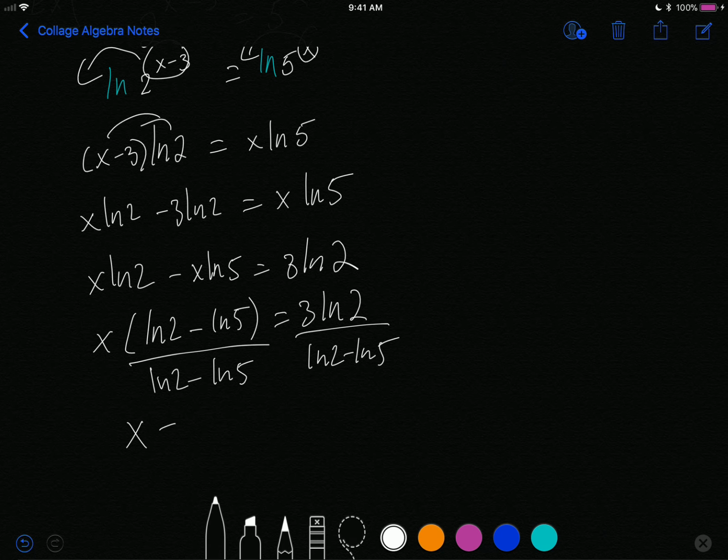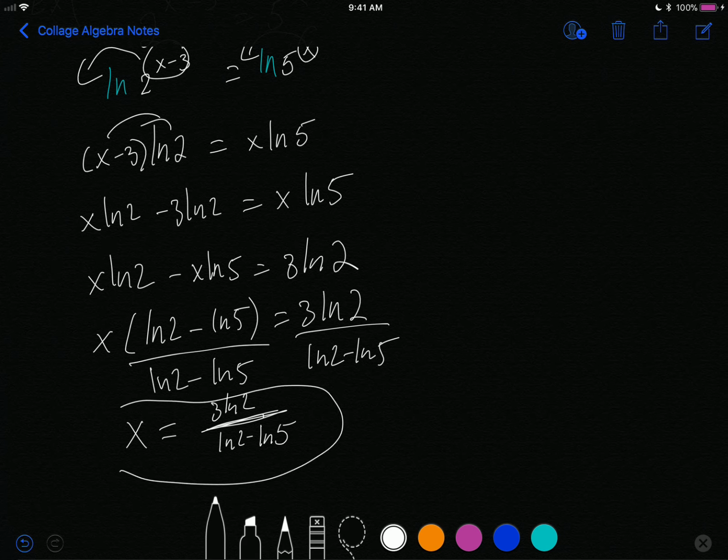And so I have that x is equal to 3 ln 2 divided by ln 2 minus ln 5. Now, this question in particular, this right here is the final answer.